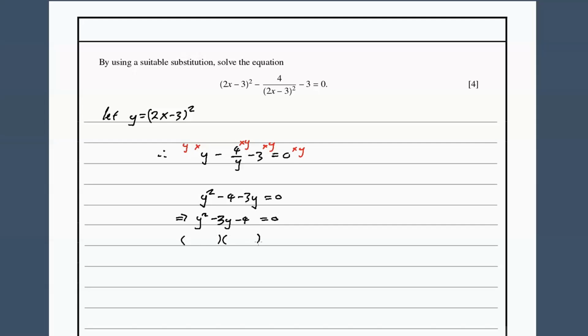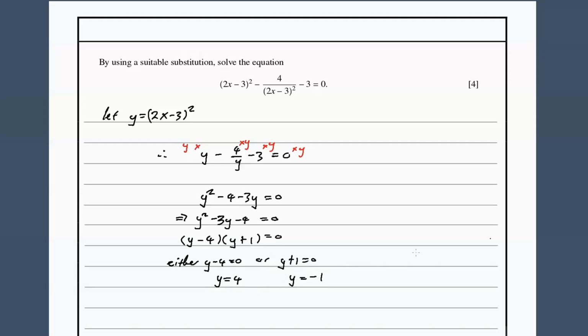Factorizing, we should get y and y here, minus 4 and plus 1, and it's either y minus 4 that's equal to 0 or y plus 1 that's equal to 0. So y is 4 and y is equal to minus 1.